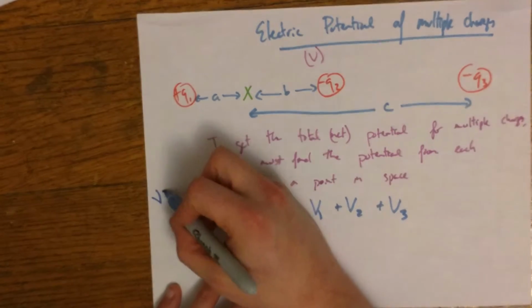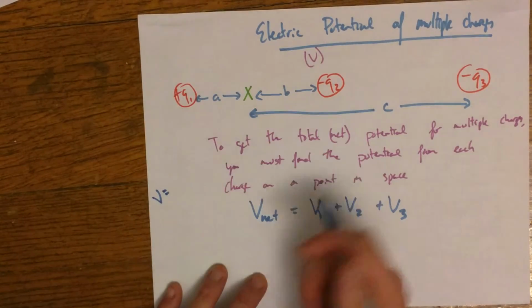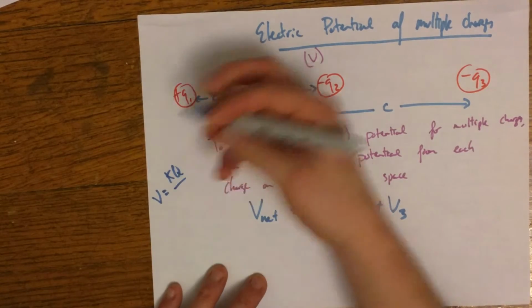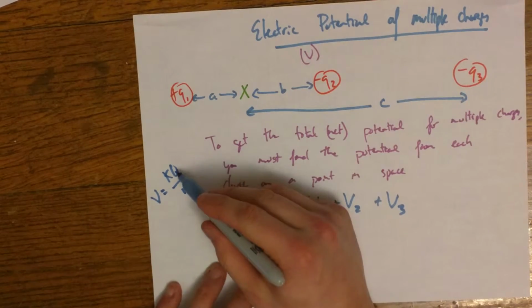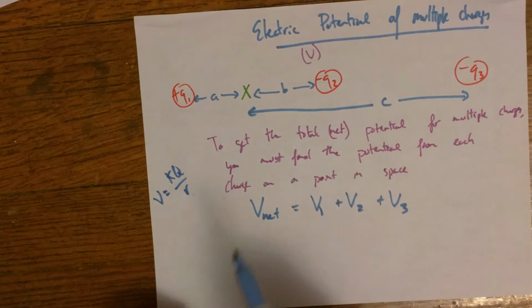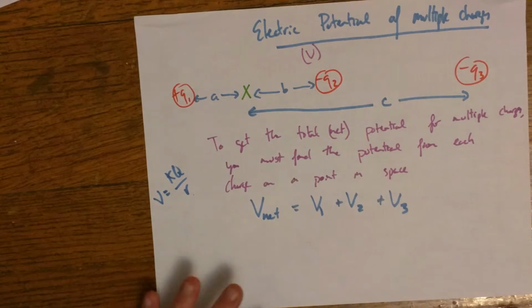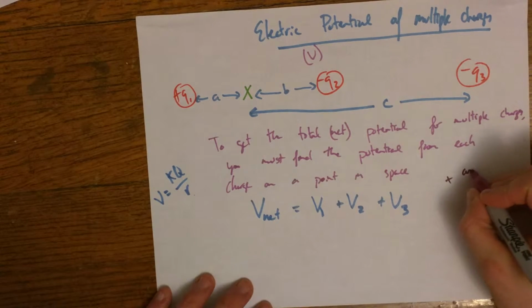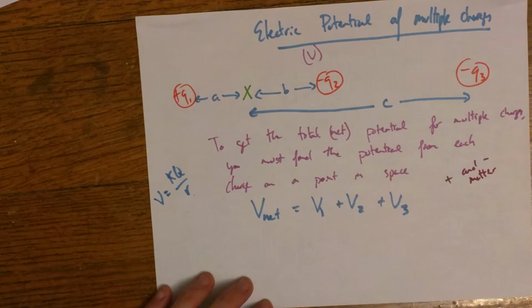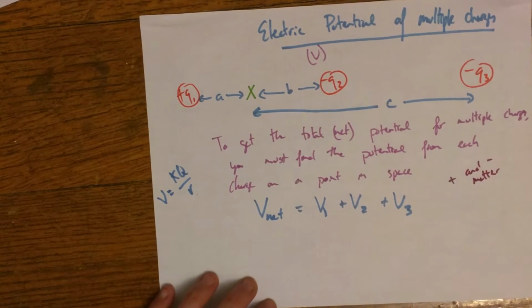Recall that the electric potential from a point charge is KQ over R, where Q is that charge that you're examining and R is the distance from the point in space to that charge. So we can just add up all of our potentials. Oh, and by the way, positive and negative matter, so you're going to need to keep that in each term.